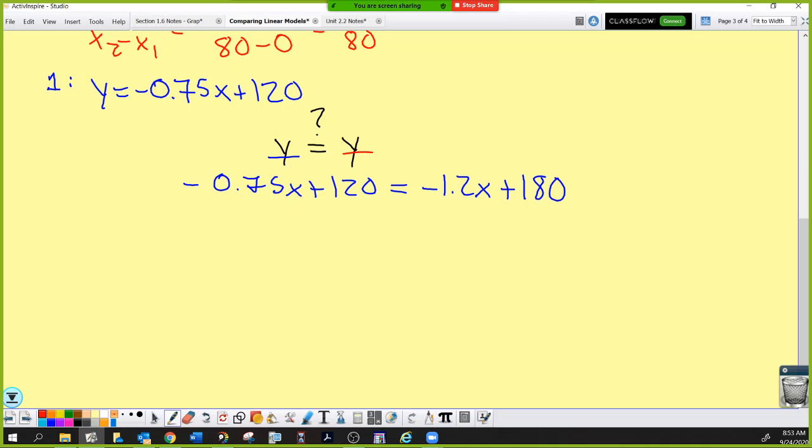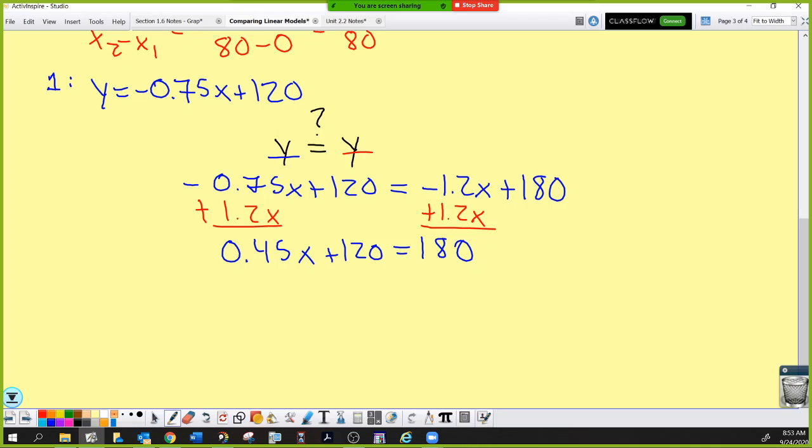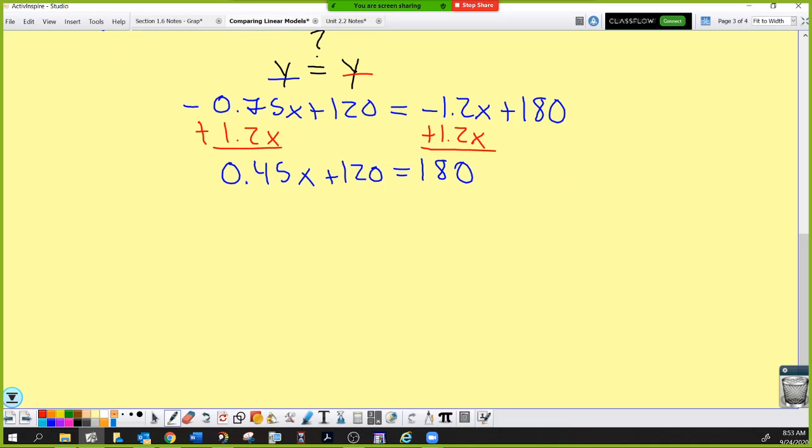Again, I don't want to have to play with negatives if I don't have to, so I'm going to add 1.2x to both sides. Let's see what we get. 0.45x plus 120 equals 180. And then obviously, we're just solving for x at this point, so we're going to subtract 120 from both sides.